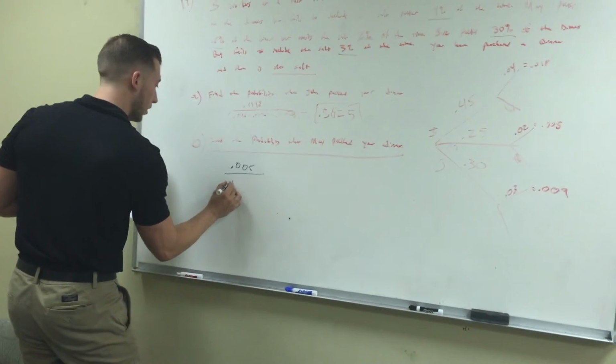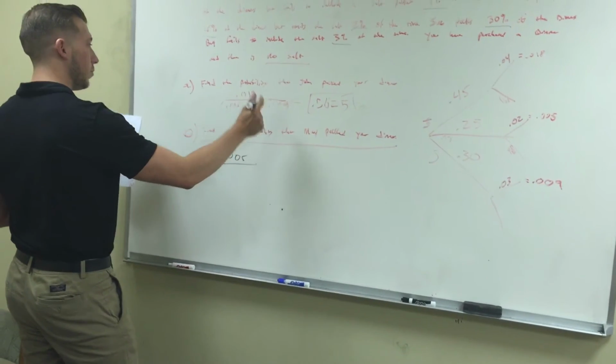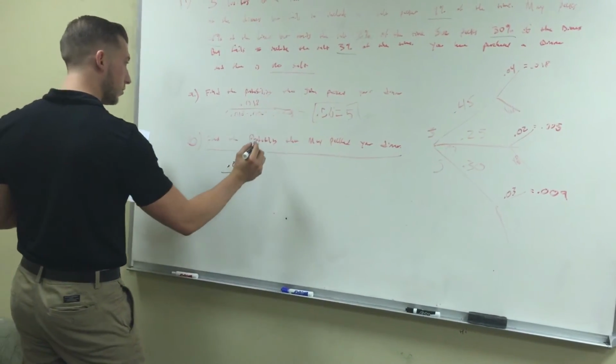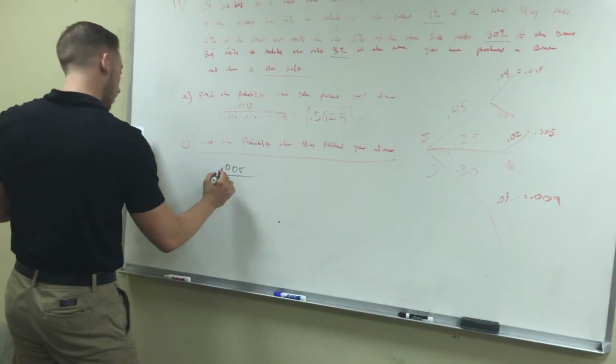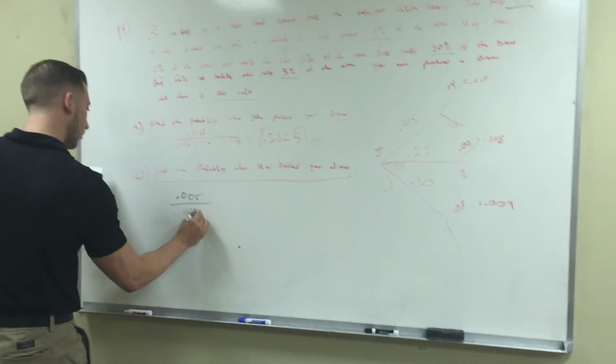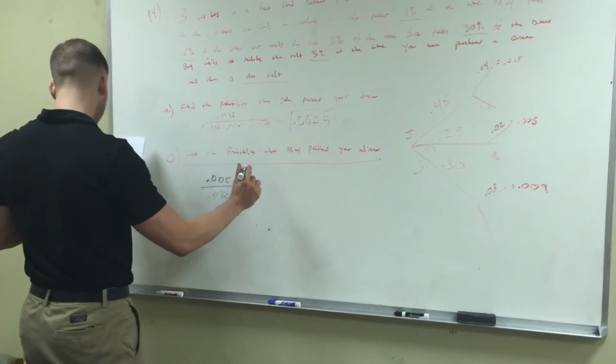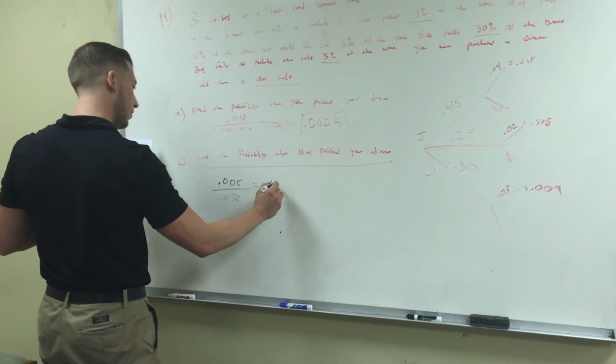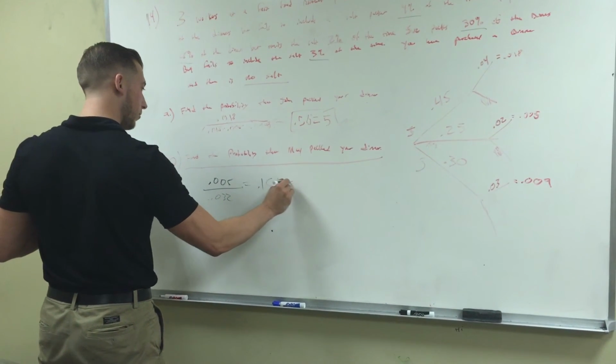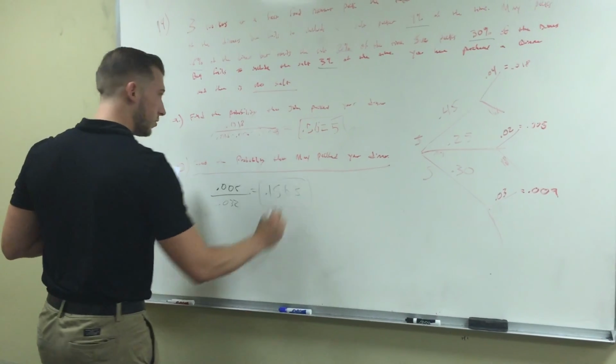So 0.018, the same as before, plus 0.005 plus 0.009, which is 0.032. That equals, when you put it in your calculator, class, 0.1563. Final answer, Bayes' theorem.